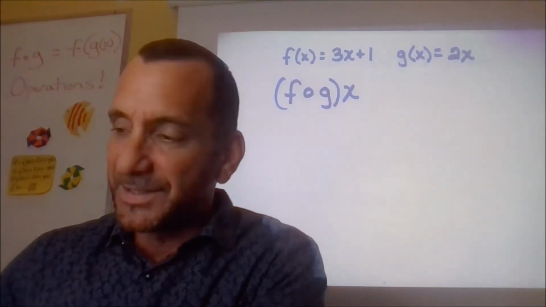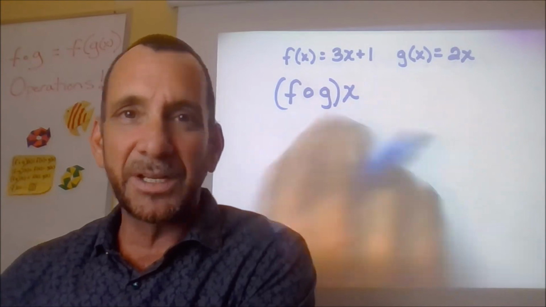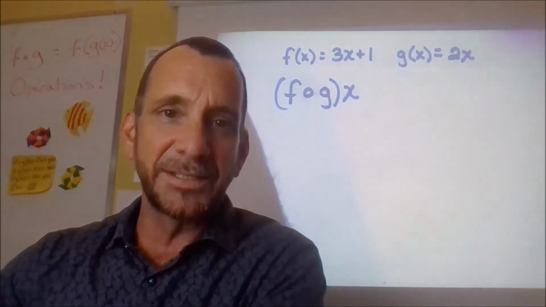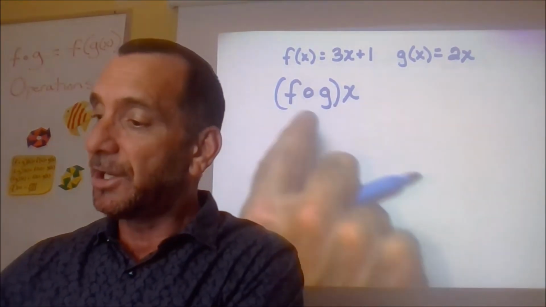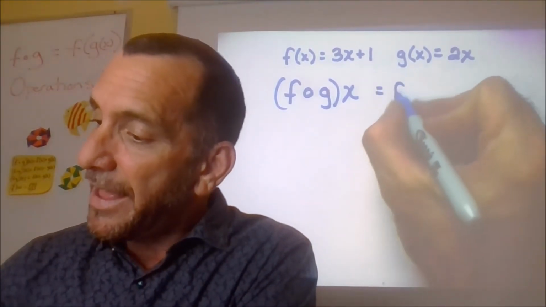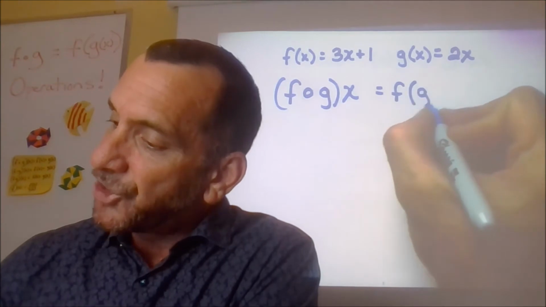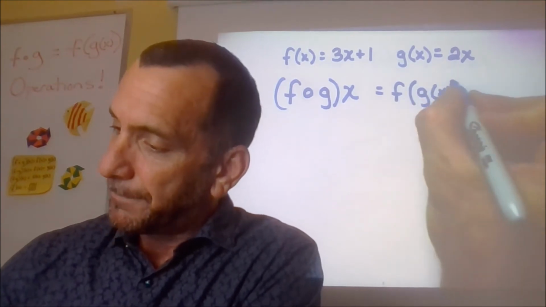Now in the previous examples we had numbers here and we could get the result of one and plug it into the other, but here we just have an x. That's okay. We're still able to find f of g of x.